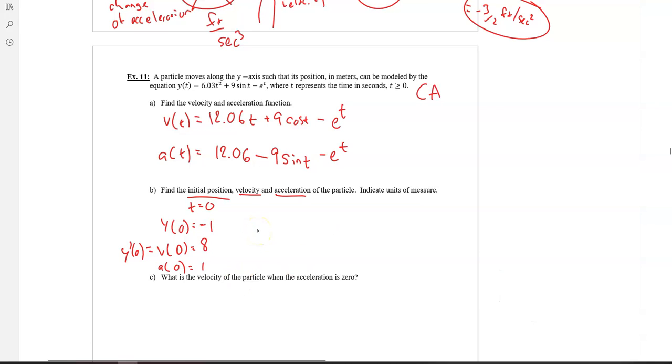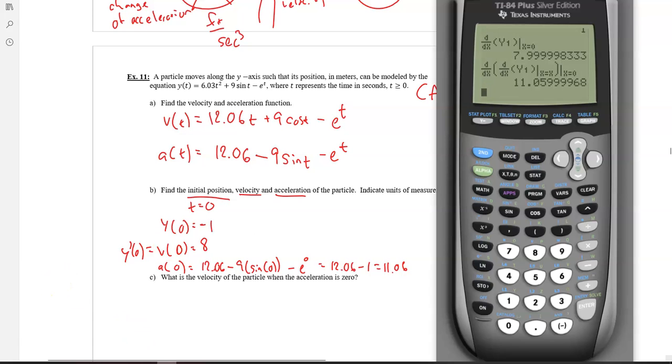So a of 0 would be 12.06 minus 9 times the sine of 0 minus e to the 0. So that'd be what? 12.06, sine of 0 is 0, e to the 0 is 1, so minus 1, so it'll be 11.06. Is that what we got here? Yeah, I guess we did. It did work. 11.06 if you rounded there. Okay.